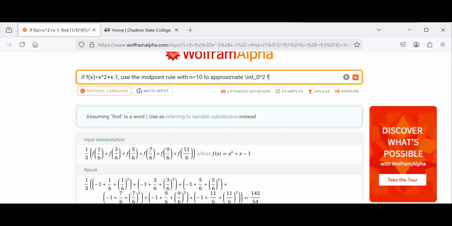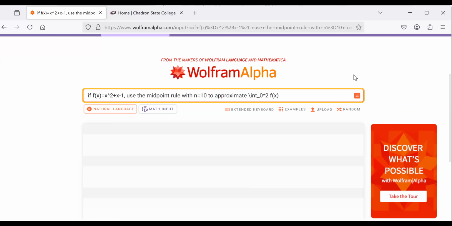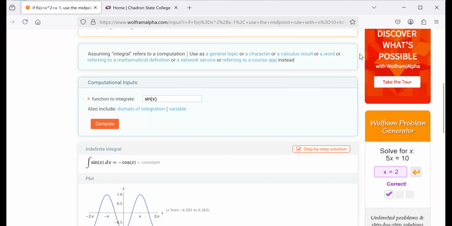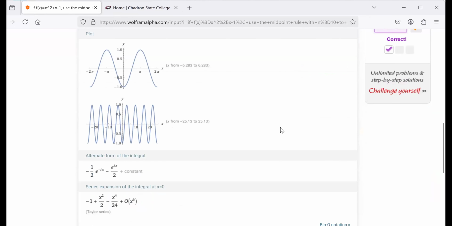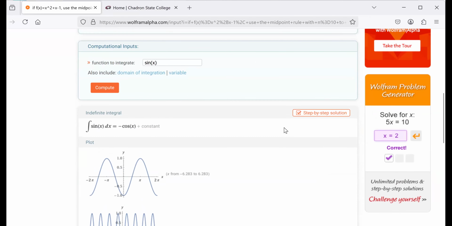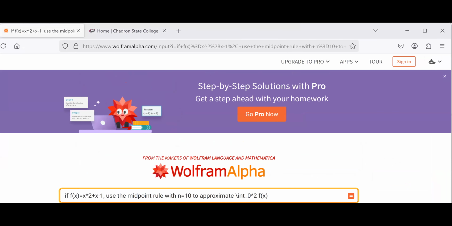I have no idea if Wolfram Alpha is going to like this or not. It will integrate it, but it won't conveniently use the midpoint rule specifically. Oh, well. I was just making the observation.